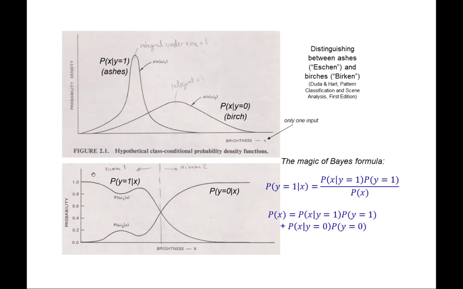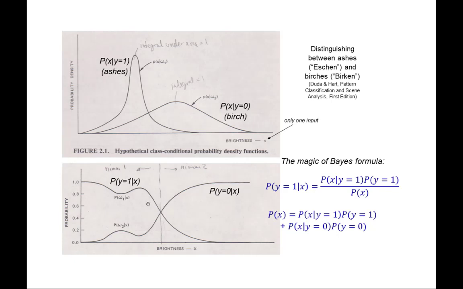And you see, even on the left side, the probability that ashes has this lightness is pretty small, but it's so much bigger than the probability that birches has this brightness. So if you do the normalization, the ashes wins by far, although this brightness value is relatively rare. If it has this brightness value, it is pretty clear that it's ashes.